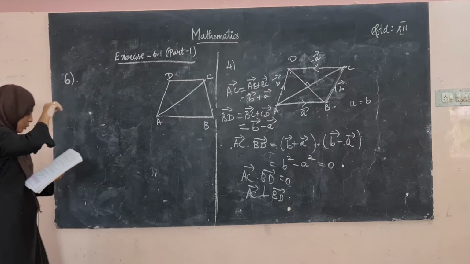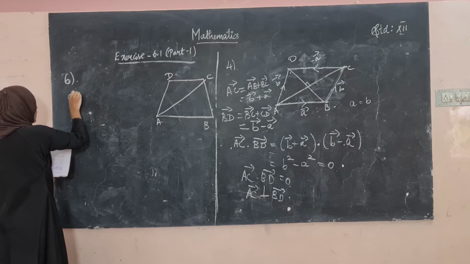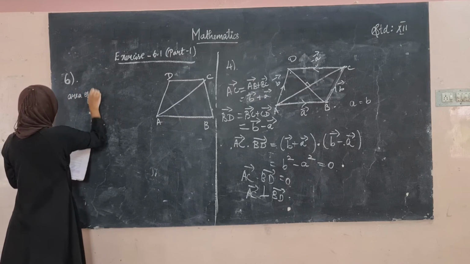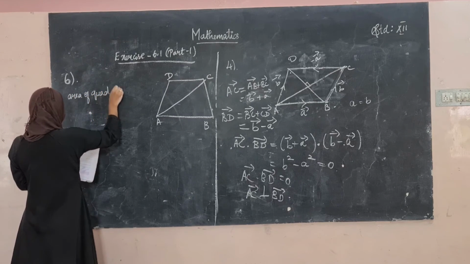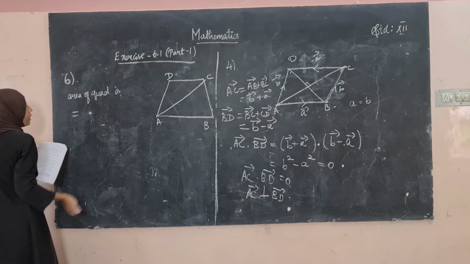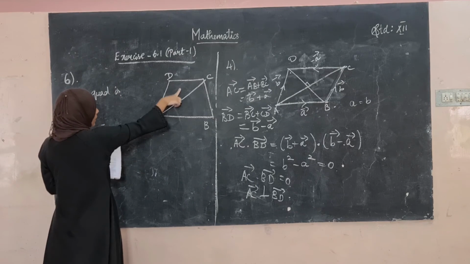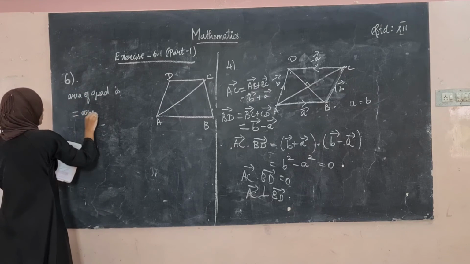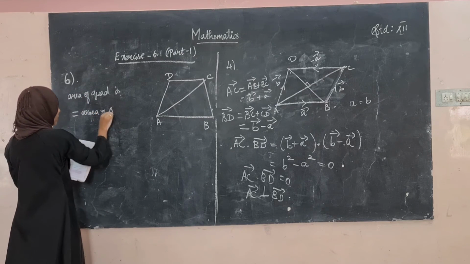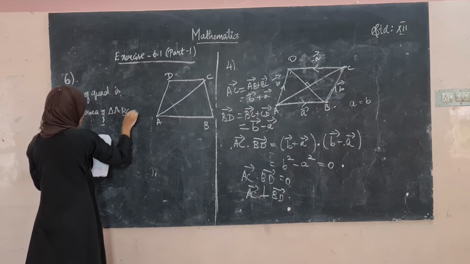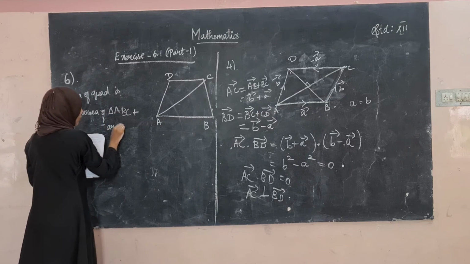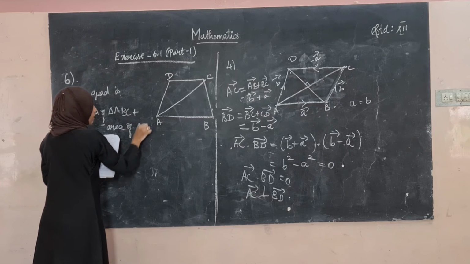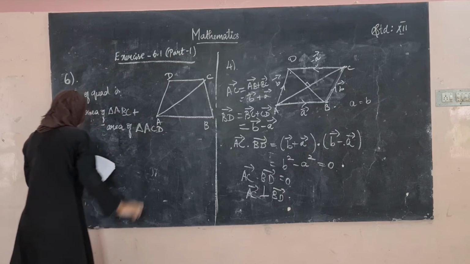First, the area of the quadrilateral is given by the area of the triangle ABC plus the area of the triangle ACD, right?